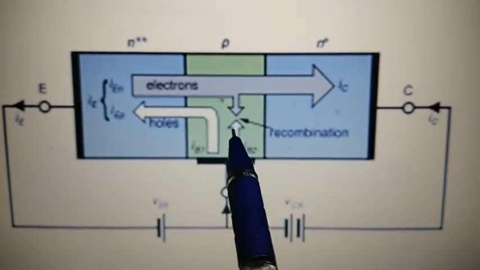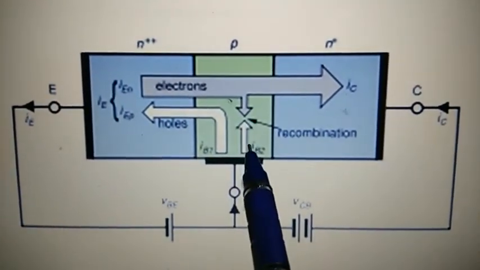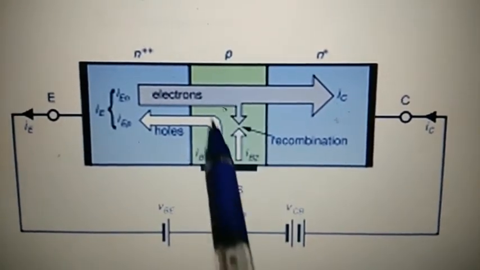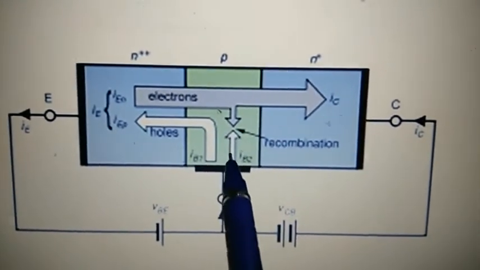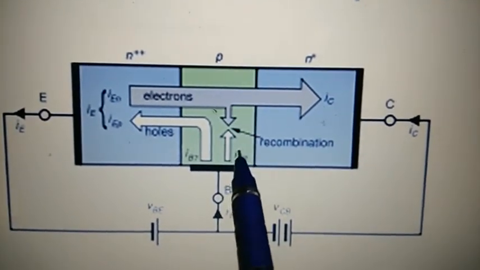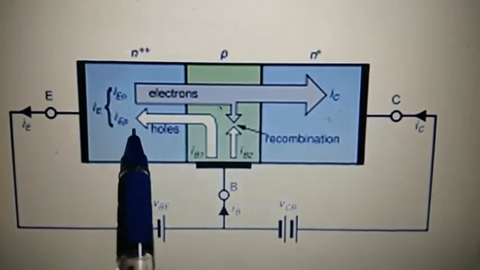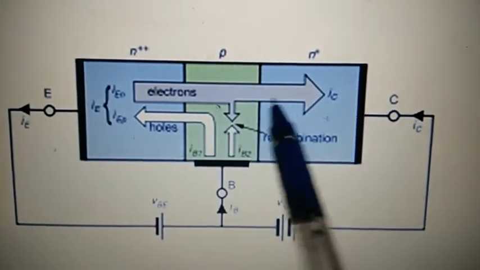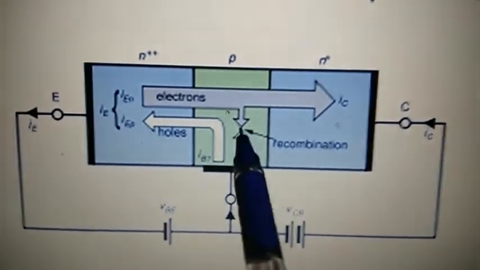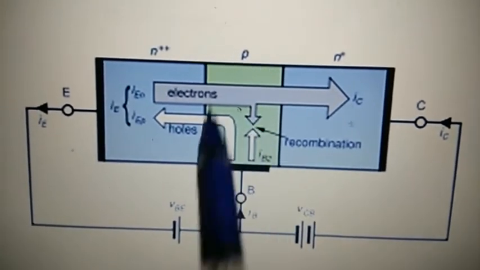So in the base there will be a recombination of the electrons flowing from the emitter to the base. The base has a very small amount of positively charged holes, which are also majority carriers, but the area of the base is small and the doping density is also low. Therefore, fewer holes are available here. So electrons from the emitter side will travel to the base, and the remaining electrons will travel to the collector. There is a recombination of the electrons and the holes available in the base region.